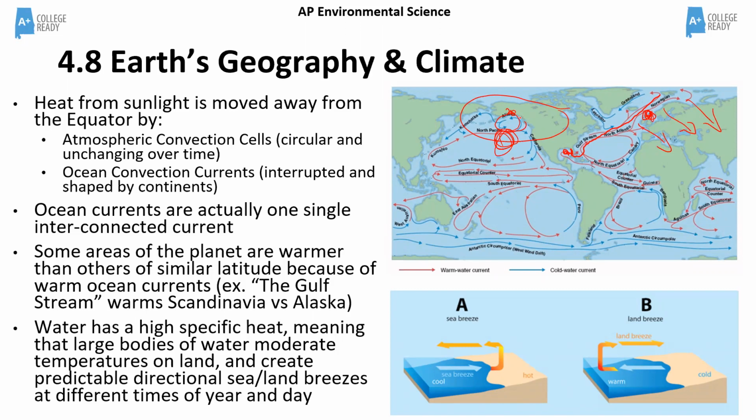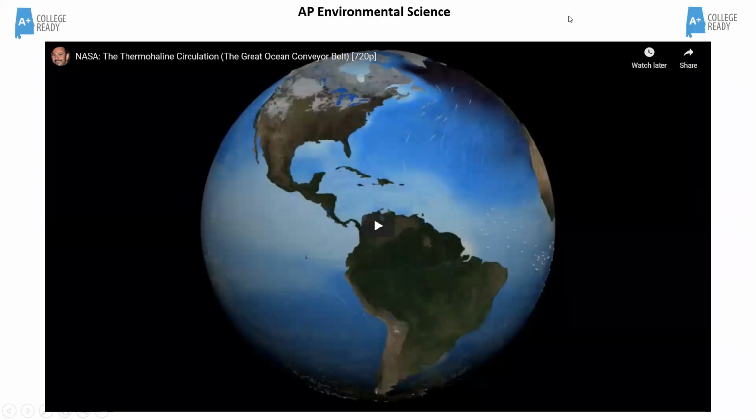So you get these interactions between the ocean, the atmosphere, and the land that set up these little patterns of wind. And I want to just show you a video that I think is mesmerizing, that shows you these ocean currents, to give you an idea of how critical they are at moving heat from the equator all around the planet, and by doing that, creating these weather and climate patterns that affect the whole globe.